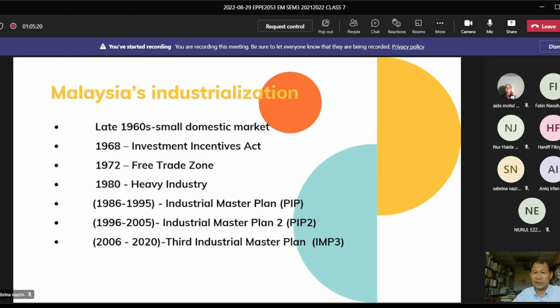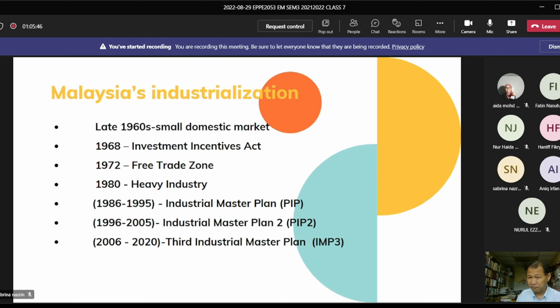That protection may come in the form of tariff, which we call protective tariff, to protect the domestic companies, or the companies that are producing domestically, from competition from imports from overseas.